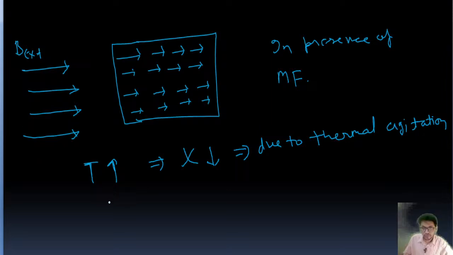So chi is inversely proportional to T, that is, chi is proportional to 1 upon T.